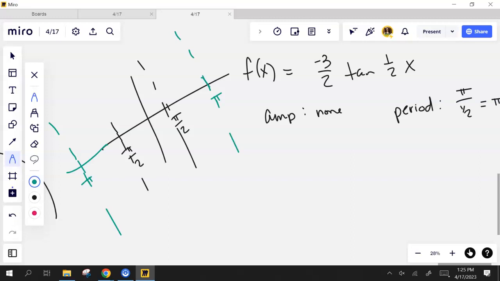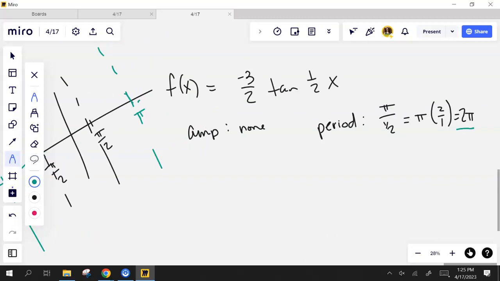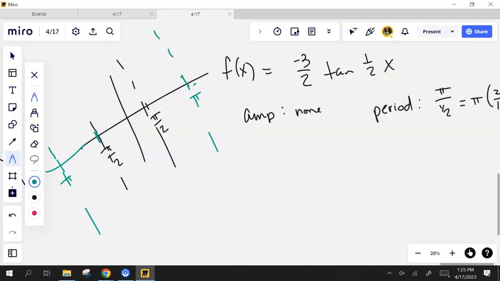It's not shifted left or right, it's just stretched. That's all that's being done. They've shifted out because my period has changed. My period is now 2 pi instead of 1 pi. So instead of it taking 1 pi to get from one to the other, it should take 2 pi. So to get that stretch out, I have to go out and make 2 pi.